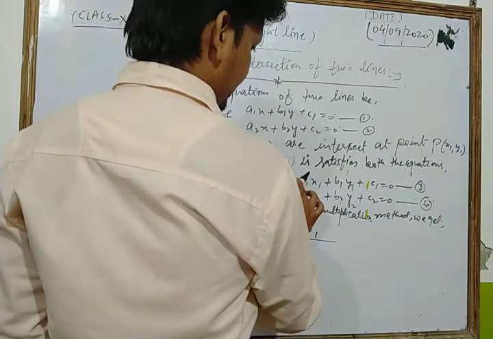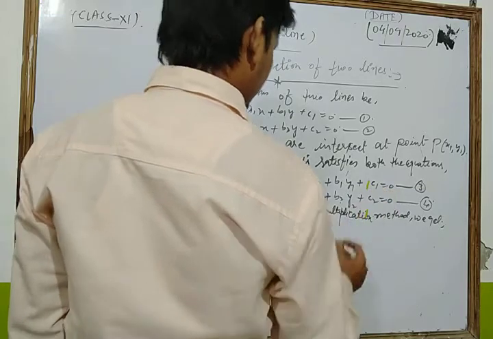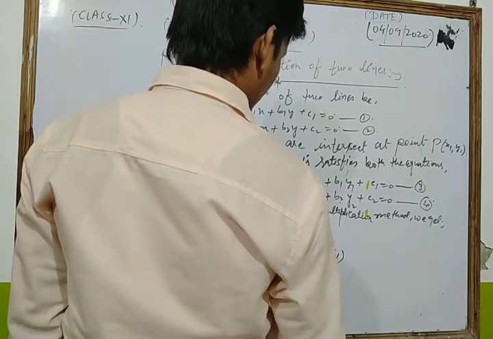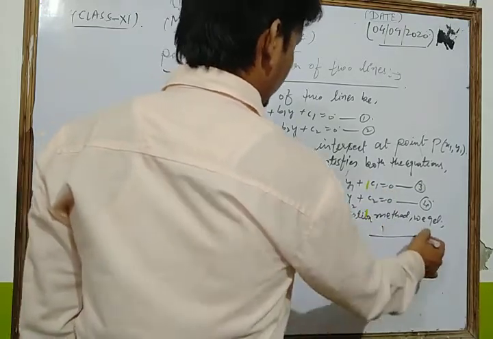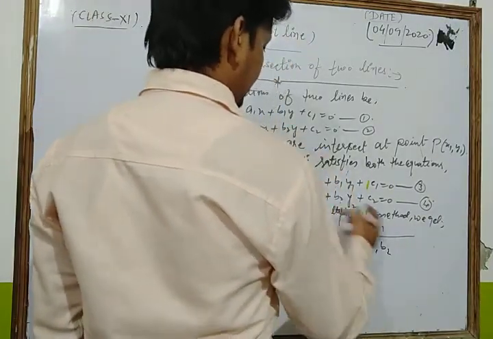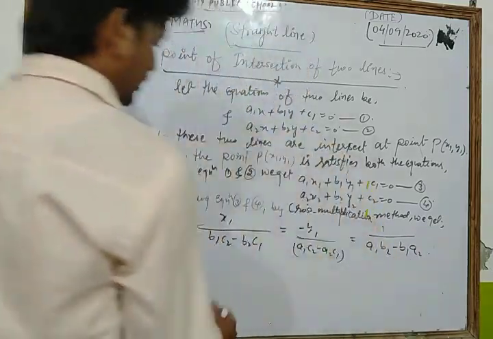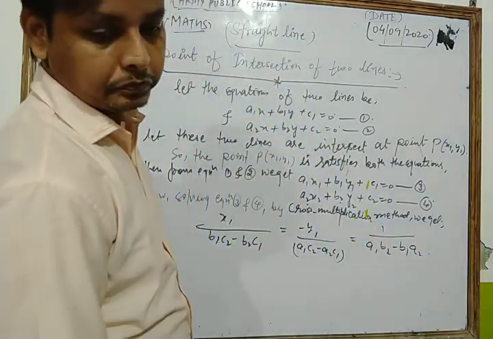Now again a1 c2 minus a2 c1. Now for the constant we take 1, that is a1 b2 minus b1 a2.